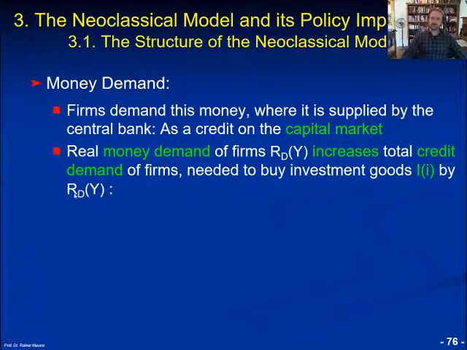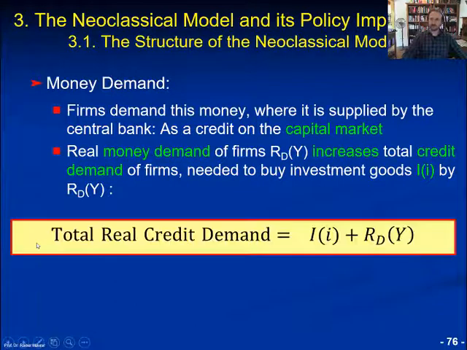So we have to add now our shortcut for real money demand to our shortcut for investment credit demand. And then we receive our expression for the total real credit demand. So it is investment credit demand by firms plus real money demand by firms.